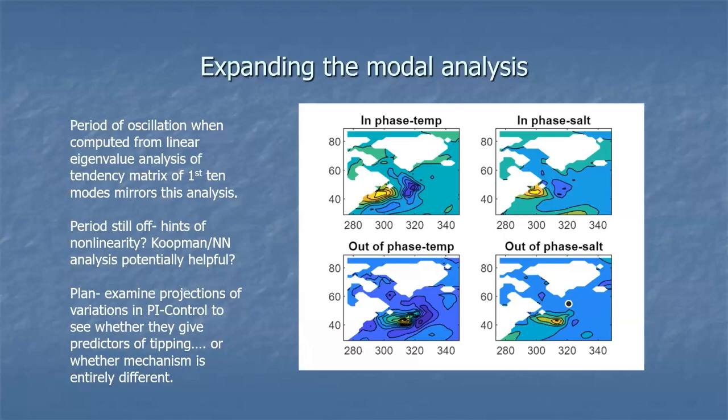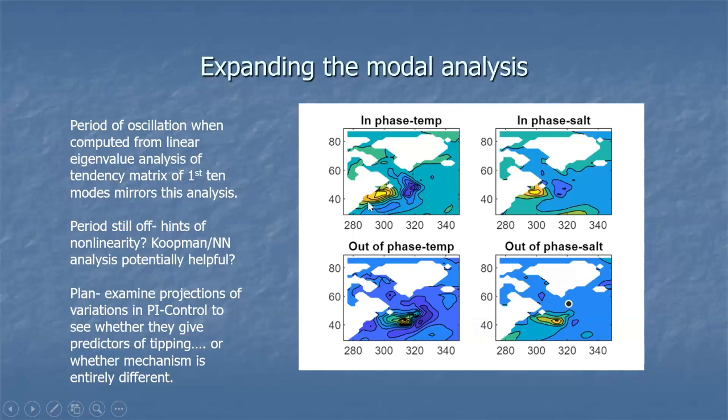If we actually do a full modal analysis with the first 10 modes, we can mirror the analysis where we have in-phase temperature and salinity looking like this, and out-of-phase temperature and salt looking like this. So we tend to produce oscillations of temperature and salinity that are associated with change.